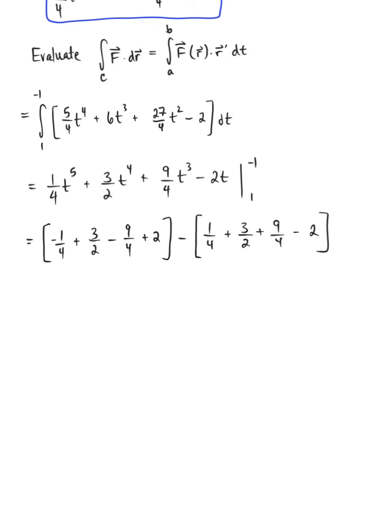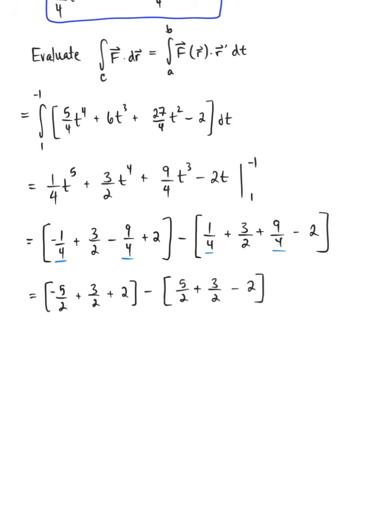And let's combine up some like terms here. We got negative 1/4 minus 9/4. So minus 10/4 leaves us with minus 5/2 plus 3/2 plus 2. And very similarly with our second term, we can also combine 1/4 and 9/4 to give us 10/4 or 5/2 plus 3/2 minus 2.